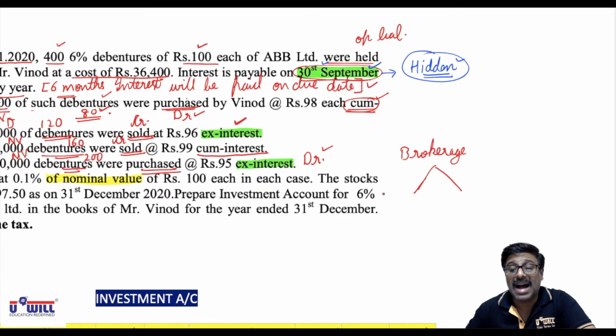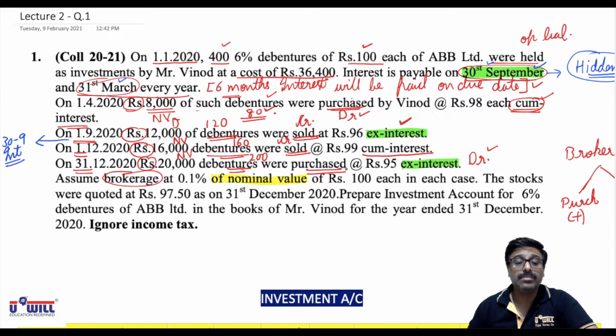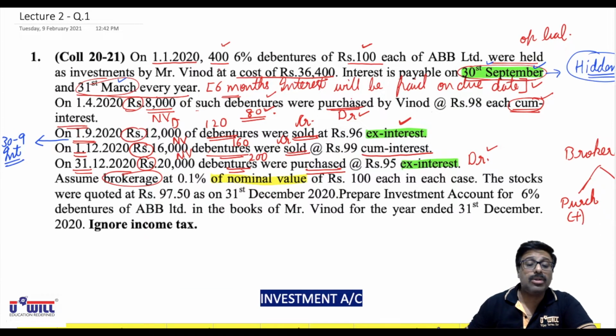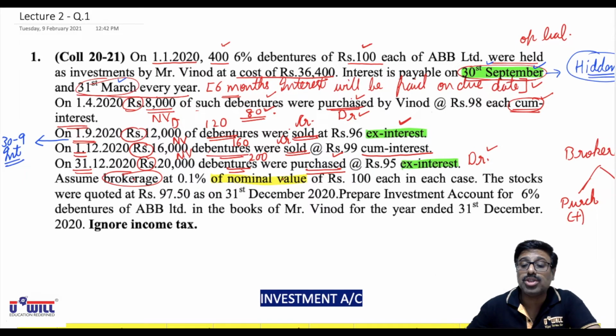Whenever we purchase any investment, brokerage gets added. Whenever we sell any investments, brokerage gets subtracted. So throughout this question, wherever we are purchasing on 1st April and on 31st December, we will add the brokerage. Wherever we are selling on 1st September and 1st December, we will minus the brokerage.